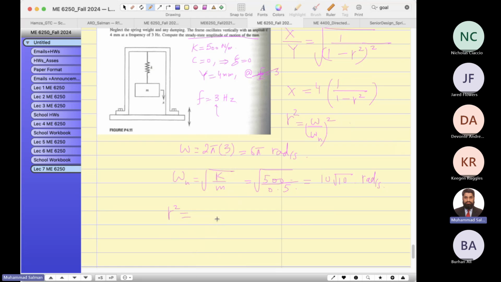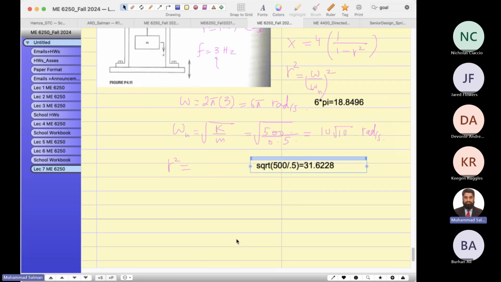In the end, let me try to find it for you. Okay, over here, this is 6 pi, 6 times pi. This is 18.8, and this one is square root 500 divided by 0.5. This is 31.